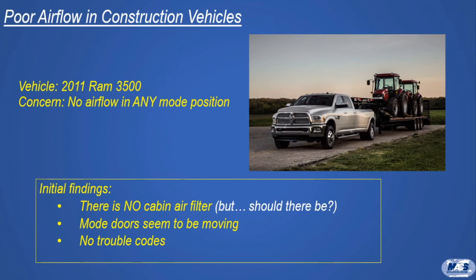The problem is a common one: no airflow in any mode position on a 2011 Ram 3500 truck. There's no cabin air filter, which eliminates that possibility, although for a work truck, as this one was, there should be. The mode doors seem to be moving, and there's no indication that the ductwork has shifted or somehow moved.